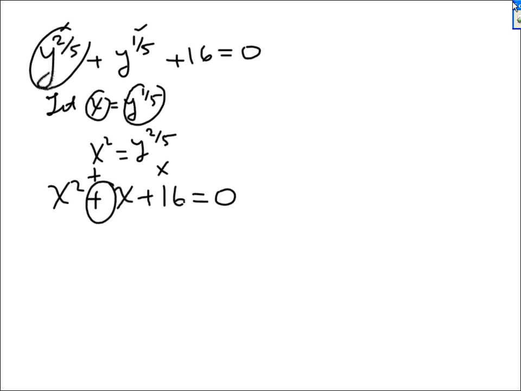Okay, so this one I don't see how to factor. I don't know why that 1 didn't come out, sorry. So we try to complete the square. X squared plus x is equal to negative 16.